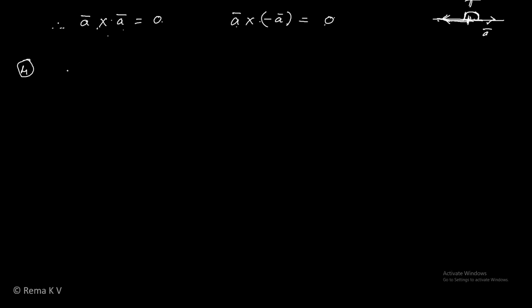Now as the fourth result, what happens if theta is equal to pi by 2?